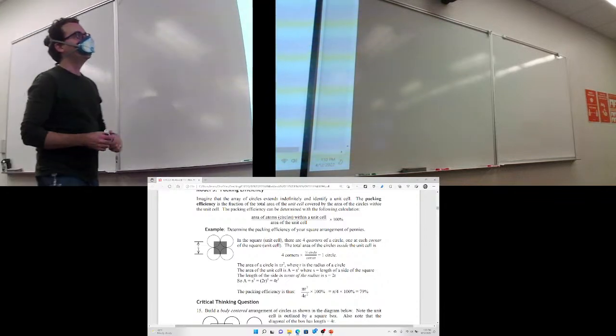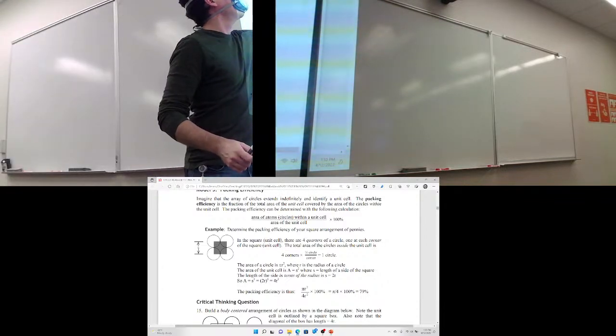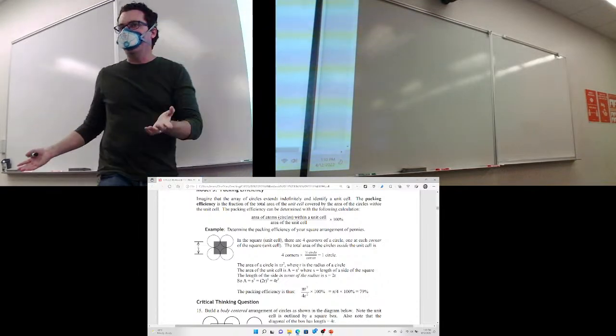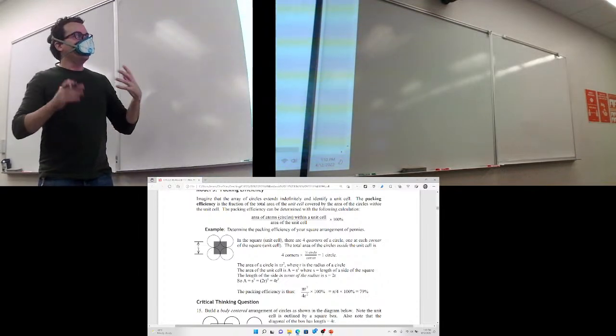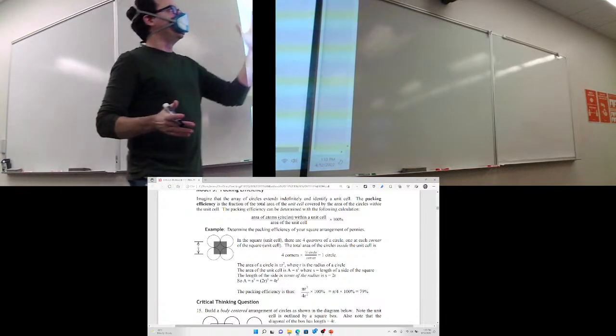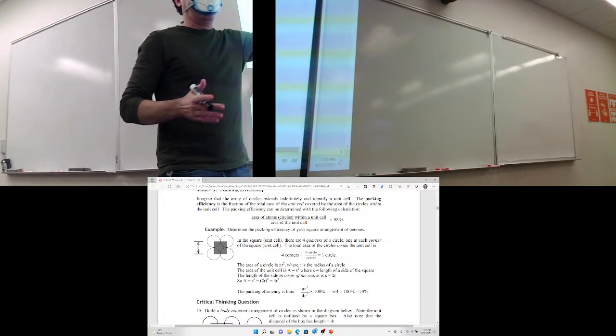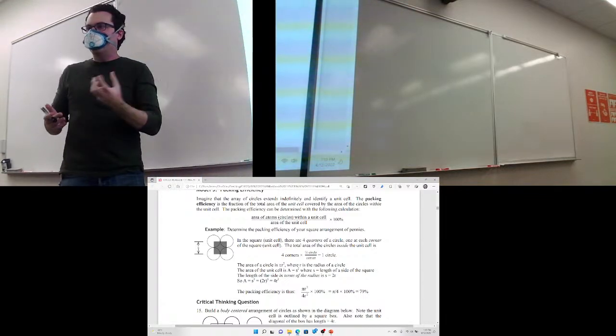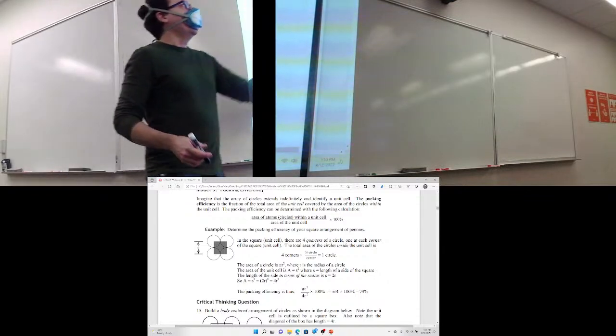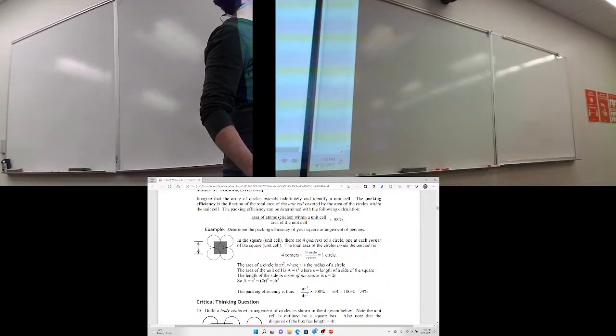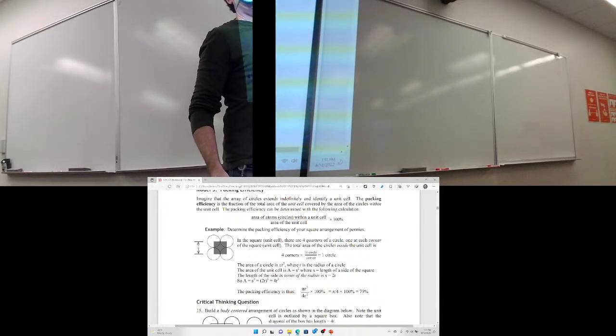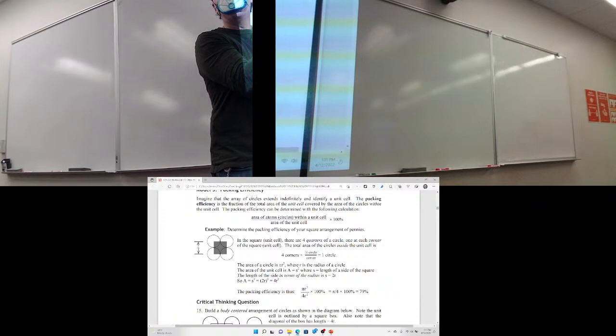Well, if I know S, the area is going to be S squared, S times S. But I don't want it in terms of the unit cell length. I want to do it in terms of the radius of the atoms. And in this particular arrangement, if you see, S is actually 2 radiuses long. These 2 radiuses are right butting up against each other.